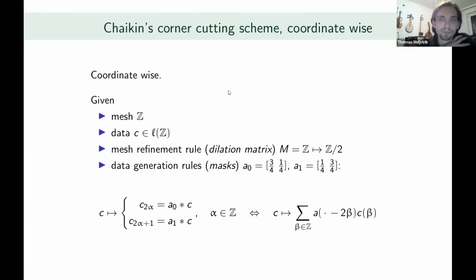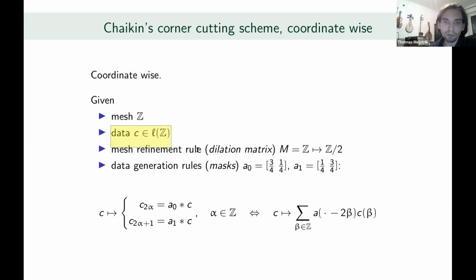So how can we describe this algebraically? I will do this in coordinates because then we can use functions, and it's easier to work with. So we have some data given. These are now sequences on the integers.